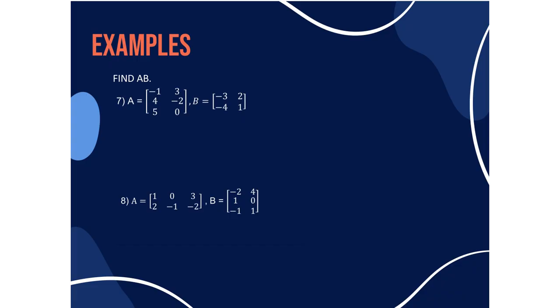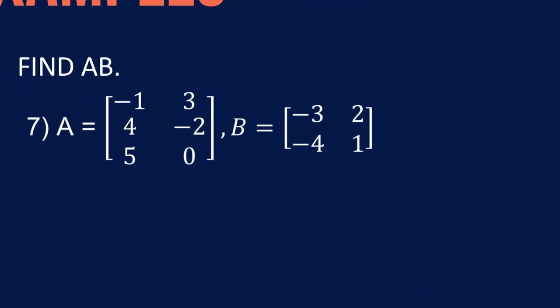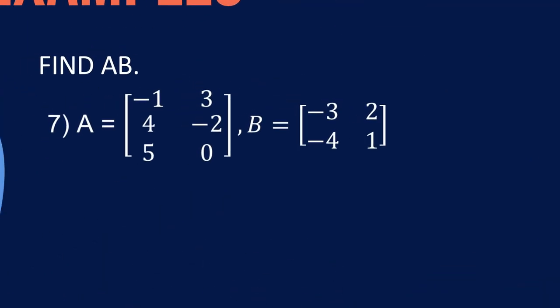So go ahead and do the examples, and let's do the first one. Going ahead with number 7, I need to multiply my matrices A and B. Let's first see if this is possible. What are my dimensions for the first one? Remember, when I'm looking for my dimensions, it's my rows by my columns.